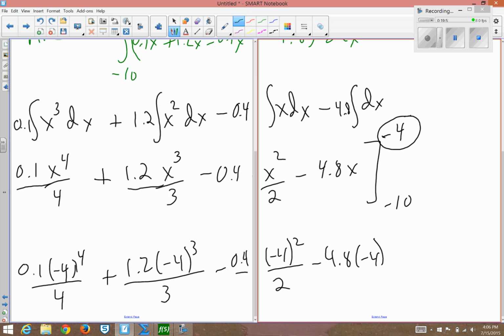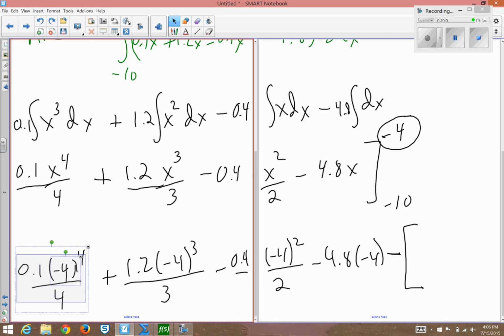After all the x's are replaced with this number, then we say minus the quantity, whatever you get when you replace x with negative 10. So I'm going to try to shrink this so that I can fit it all on there, because it will be hard to follow what I'm doing. I don't know if I can do it, but I'm going to try.